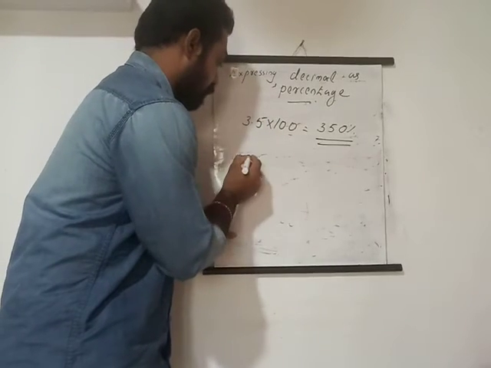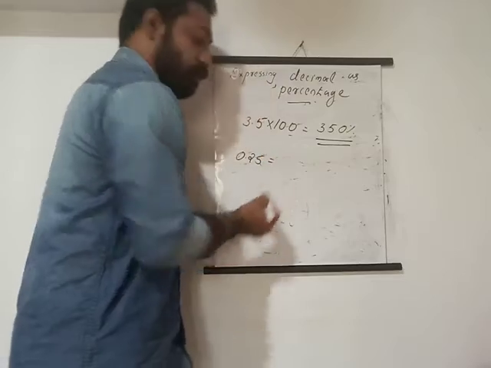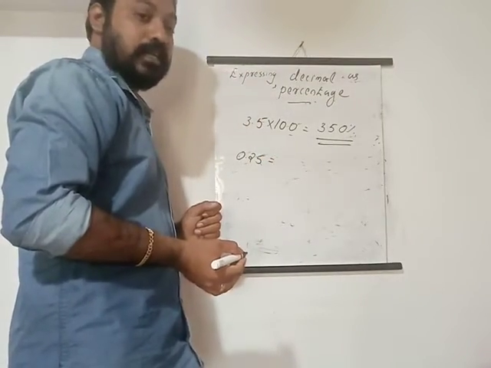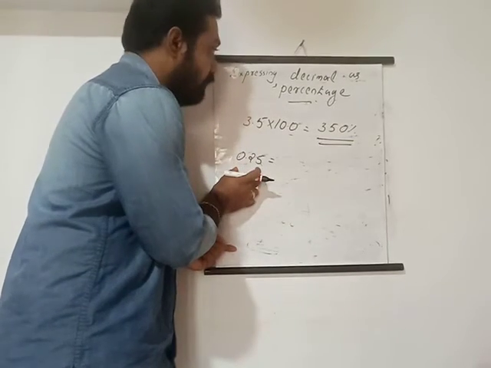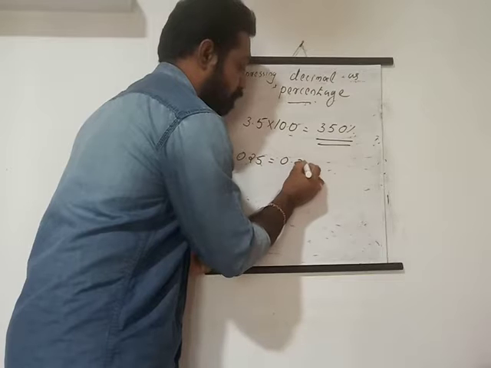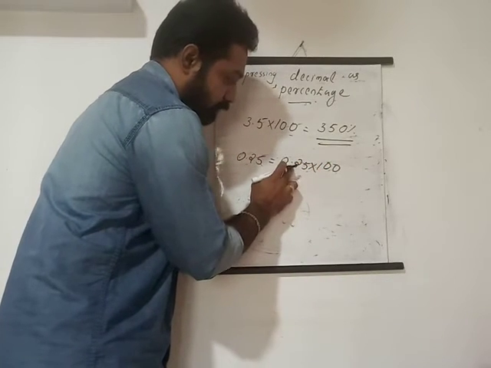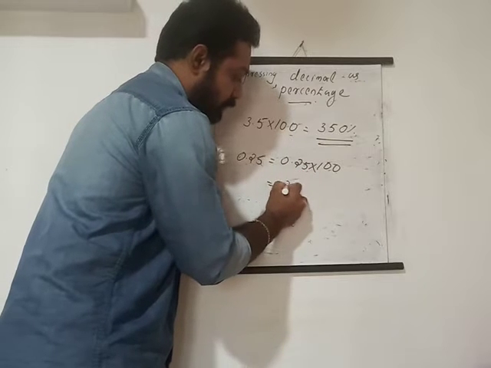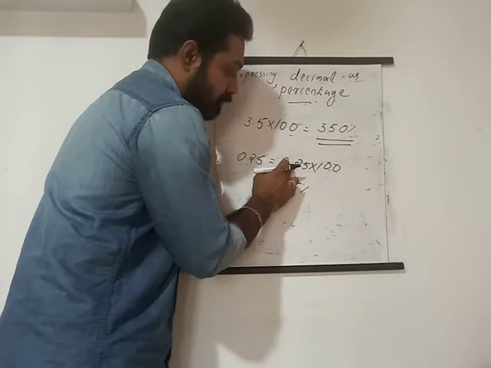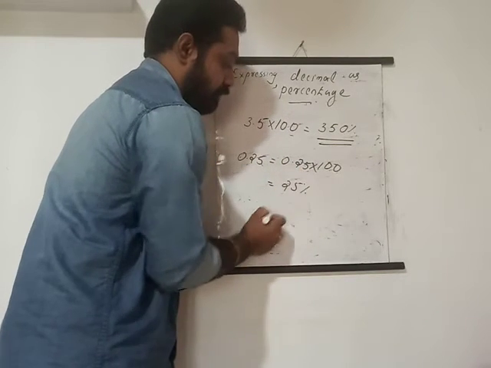What about 0.25? How many percent is 0.25? This is a decimal number, so 0.25 into 100 multiplication. The point moves to the right side, two places, and 25 is the answer.